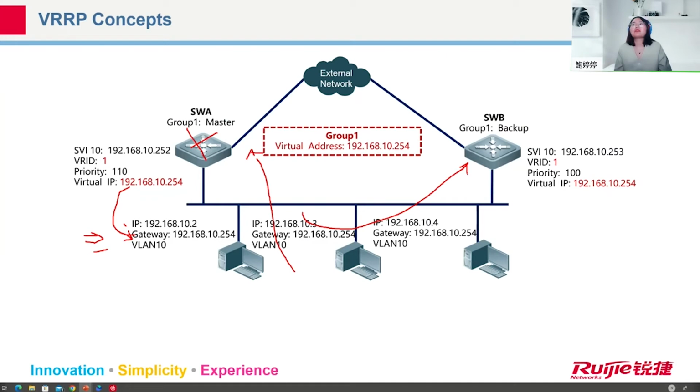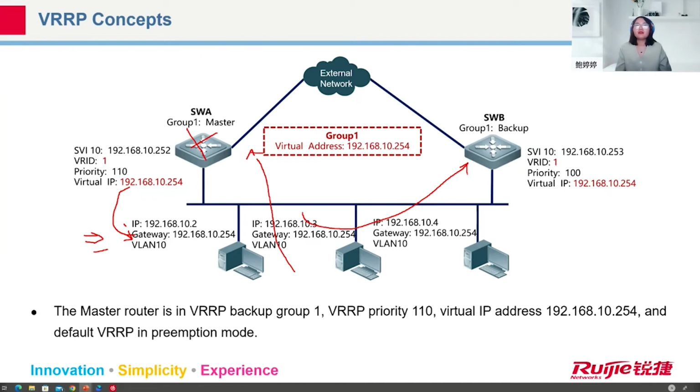So this is the main concept in VRRP. The master router in VRRP backup group 1 has priority 110, the virtual IP address is this one, and the default VRRP mode is preemption mode. What does preemption mode mean? Later I will explain it for you.